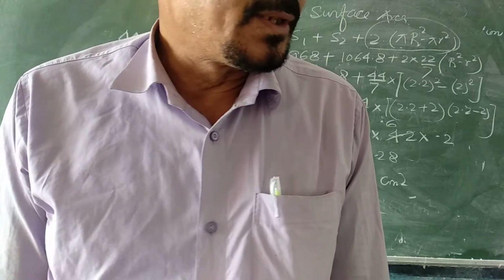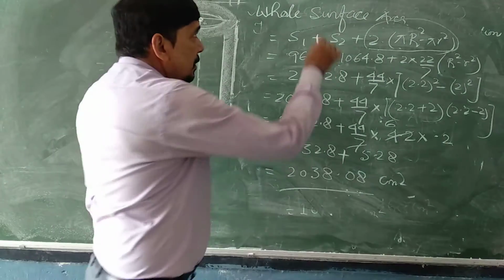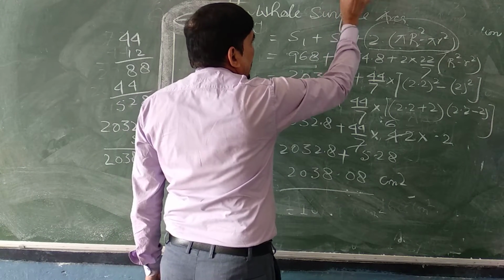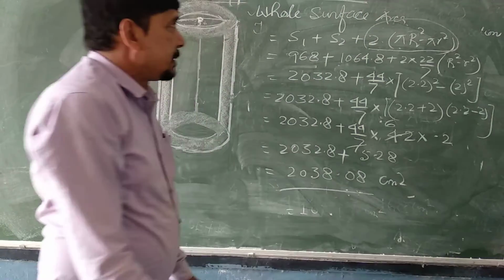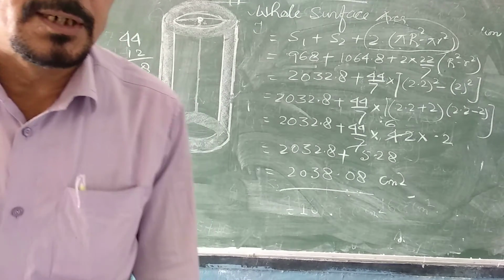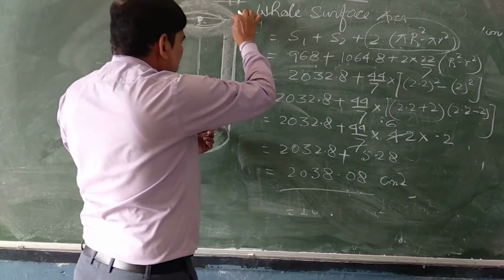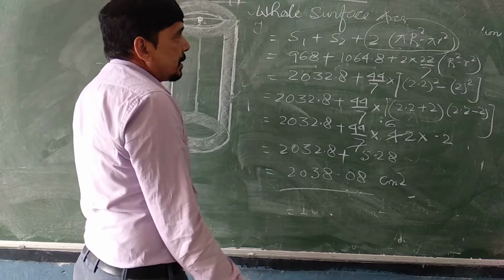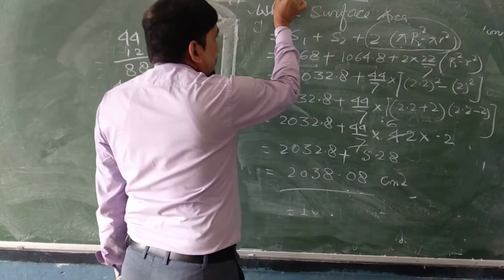Curved surface area of the cylinder is equal to 2 pi r h, where r is the radius of the circle and h is the height of the cylinder, and this is the curved surface area.